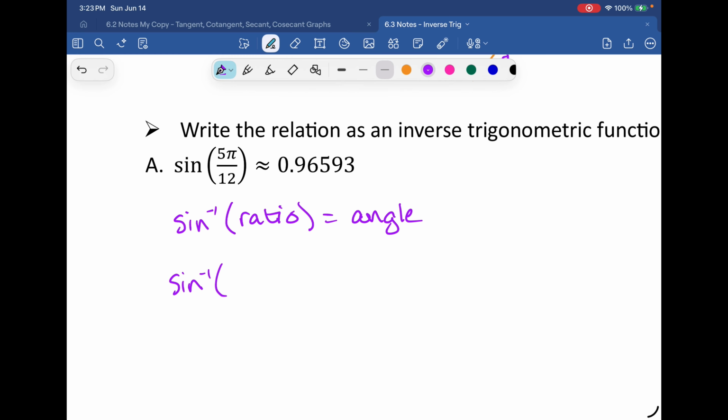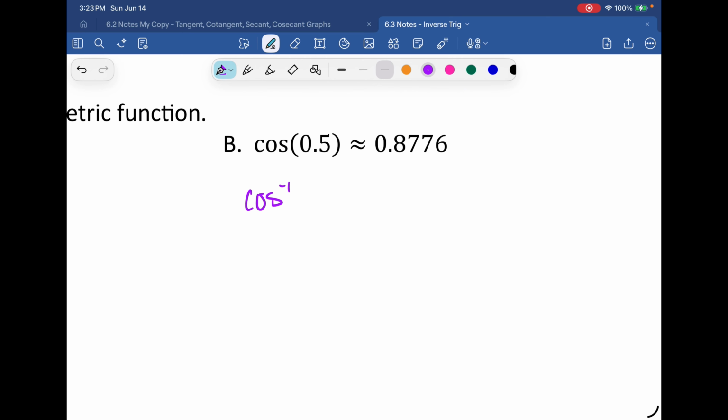So inverse sine of the ratio equals the angle. Okay, same thing here. It's going to be the inverse cosine of the ratio equals the angle.